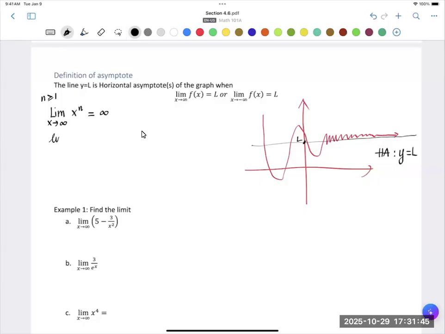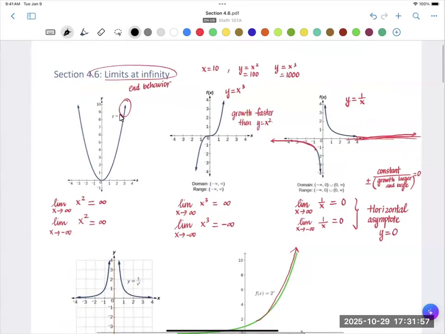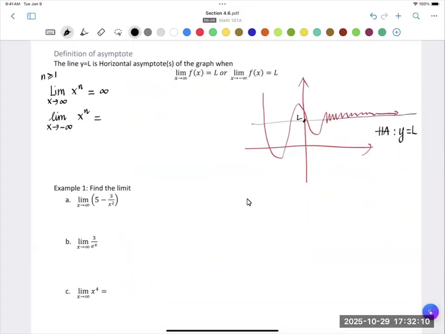But if x approaches negative infinity, then it's going to be different. When it's negative infinity, if the power n is even, then it's positive infinity. But if the power is odd, then that's going to be negative infinity.